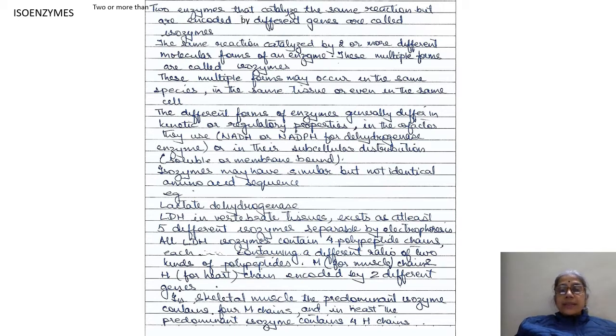For example, lactate dehydrogenase, LDH, in vertebrate tissues exists in at least 5 molecular forms, and these forms can be separated by electrophoresis. All LDH isozymes contain 4 polypeptide chains. These polypeptide chains are present in different ratios, and each isozyme contains a different ratio of two kinds of polypeptides.